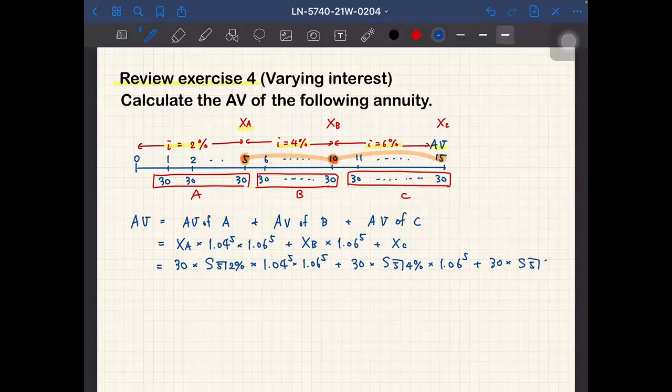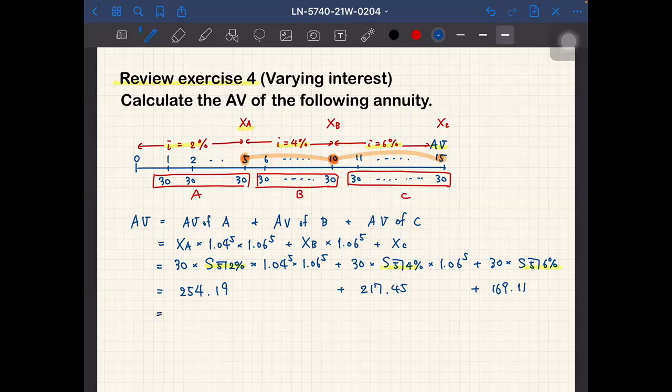These amounts are calculated with the BA II Plus, or you can even include the coefficients. The first amount is 254.19, the second amount is 217.45, and the last amount X sub C is 169.11.